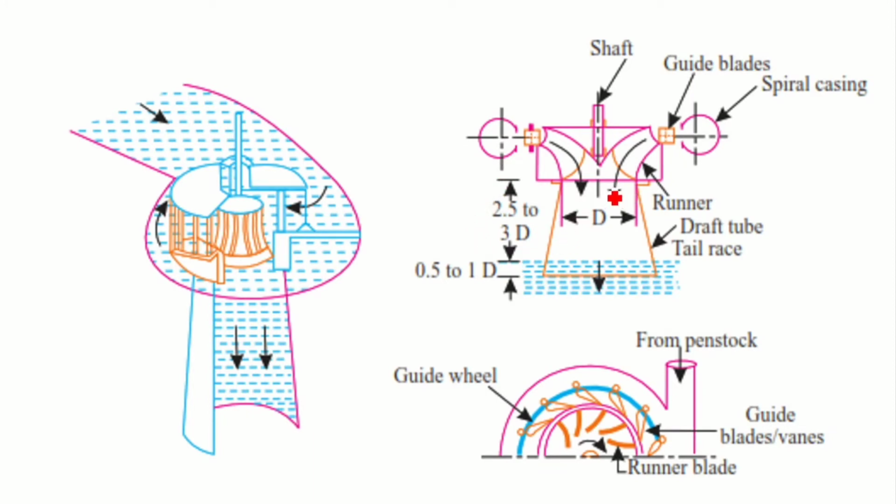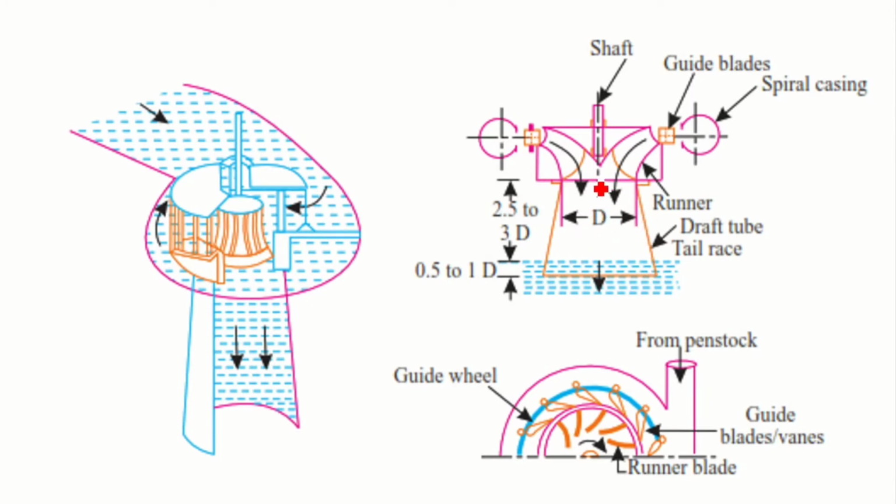After passing through the runner blades, the water will go to the tail race, and the draft tube is used for the flow of water from the runner blades to the tail race. The draft tube is a tube of increasing area.